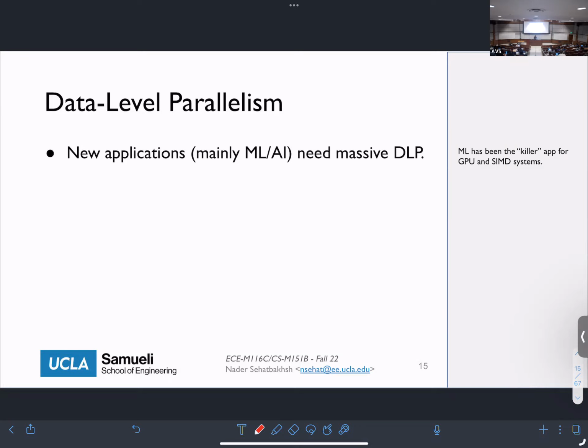To implement these applications, we usually need to deal with lots of large data, and lots of matrix multiplication and matrix analysis. The GPU gives us exactly what we want, because it allows us to do data level parallelism in a very efficient manner. That's the reason GPUs are becoming so much more popular these days.